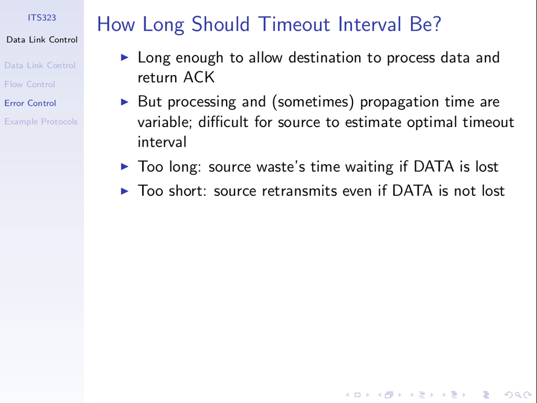Again, I'm very inefficient because I'm retransmitting, not giving him a chance to respond. He may have the answer, but it takes some time to respond. So if our timeout interval is too small, we may retransmit before we give the receiver a chance to respond.